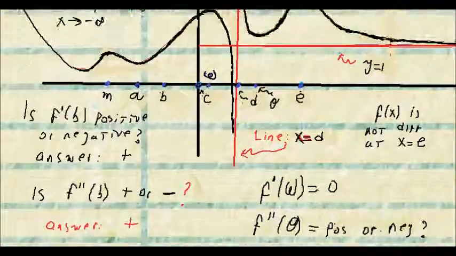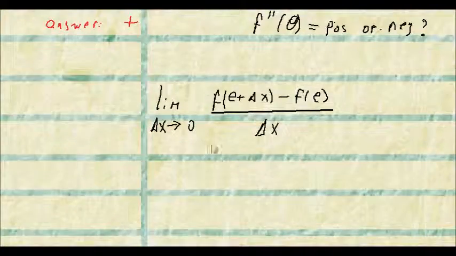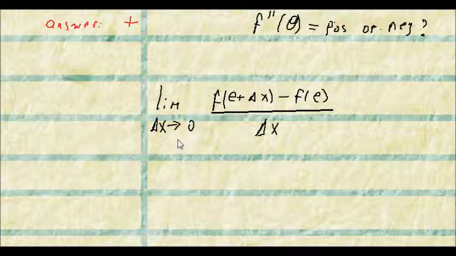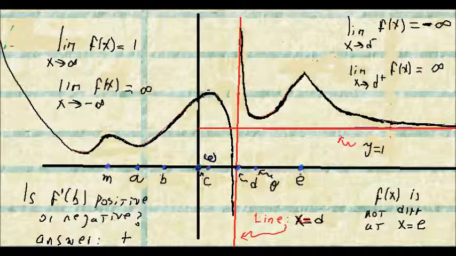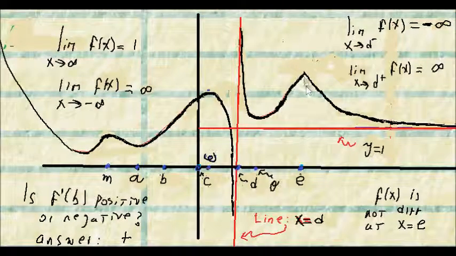Does it exist? Does it not? When I take the limit as delta x approaches 0 of f of E plus delta x minus f of E over delta x, theoretically I should be getting the derivative, but this has a sharp beak right over here.